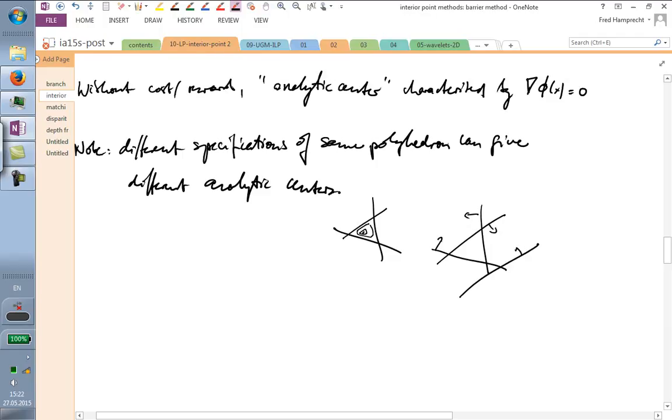For example, constraints that are totally non-active because they lie outside the feasible region, or that are barely active. Let's say like this. They do not change the feasible region, but they will change the barrier, or the potential function. So for example, in this case here, the optimum would be pushed closer to the opposite side of the polyhedron.